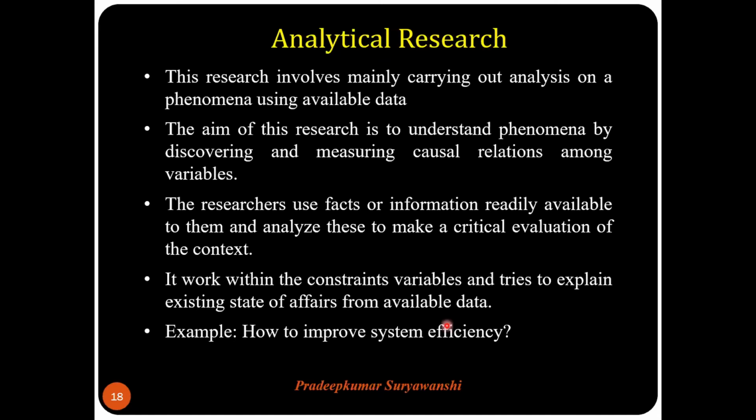In order to do that, you will do some parametric analysis on the basis of available data. You will try to establish causal relations among the dependent and independent variables, and then come up with the solution about how to improve system efficiency, or you can say make a critical evaluation of that. So that can be a typical example of analytical research.